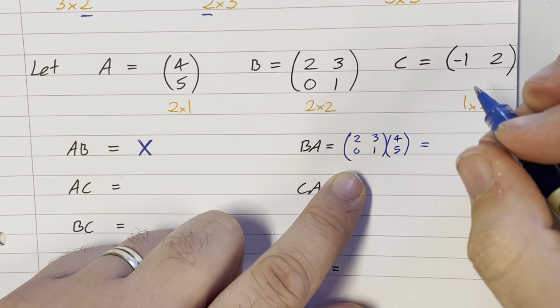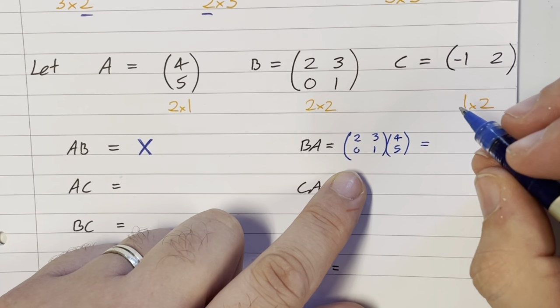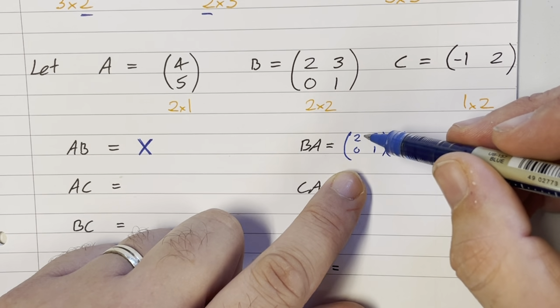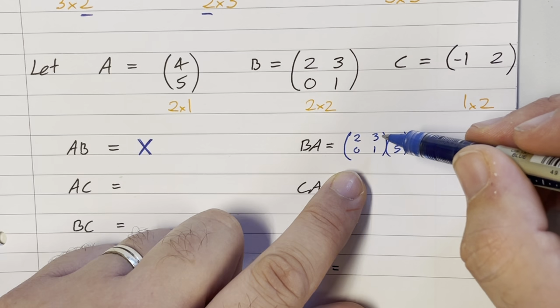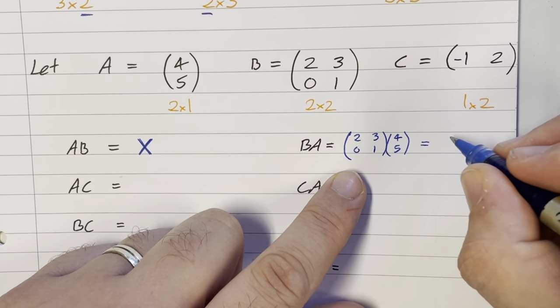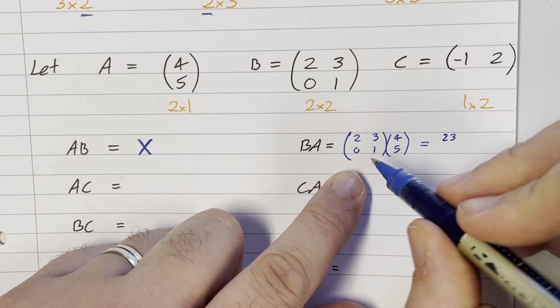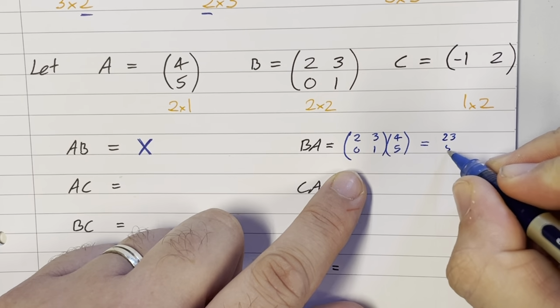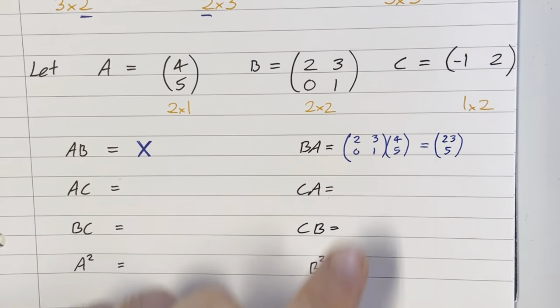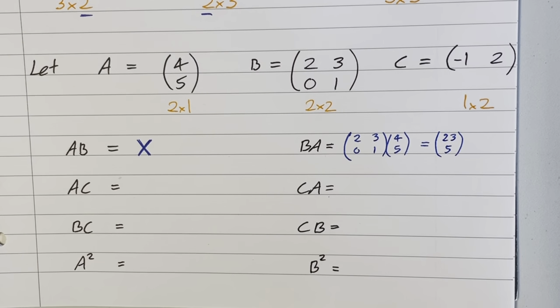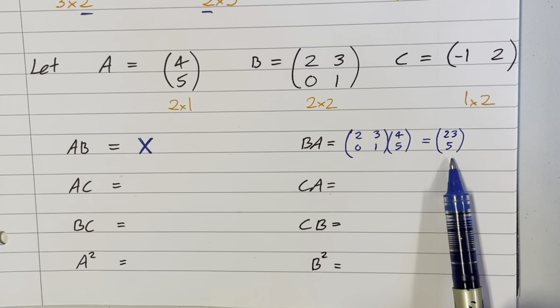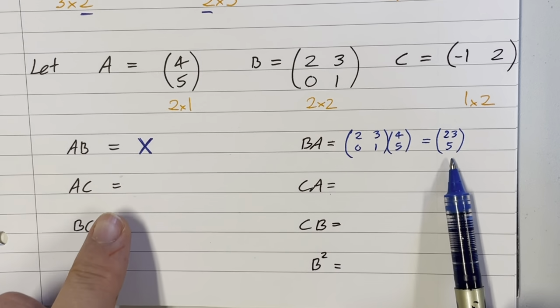And this is possible. It's going to give me 8 plus 15, which is 23. And then 0 plus 5, which is 5. So that's the answer to that one.